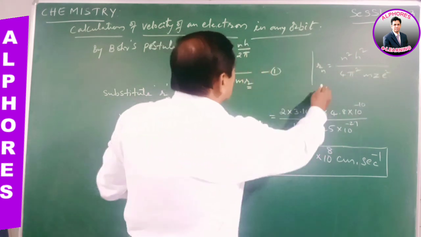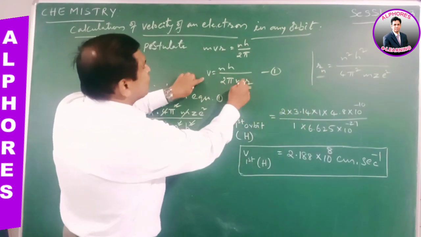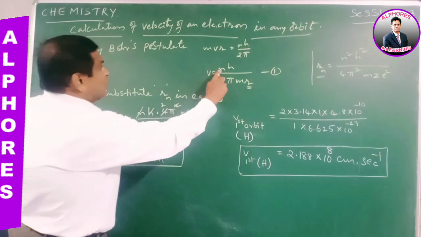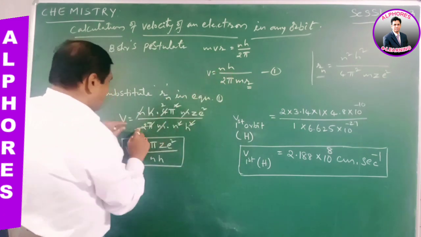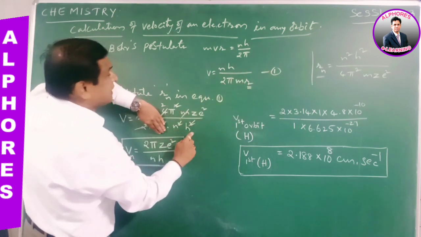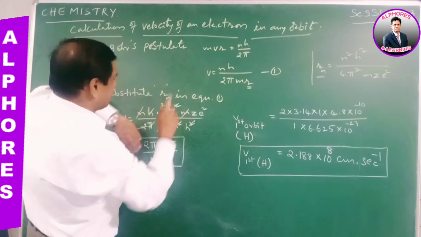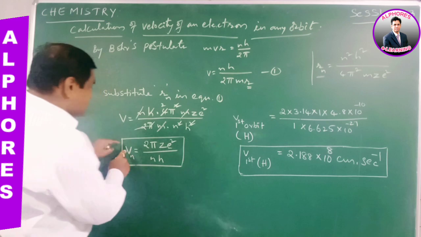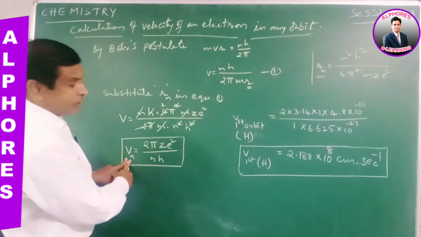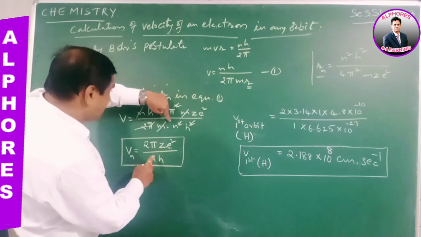Substitute it in equation 1. After cancelling terms, the velocity of the electron in the nth orbit is equal to 2 pi z e square by nh.